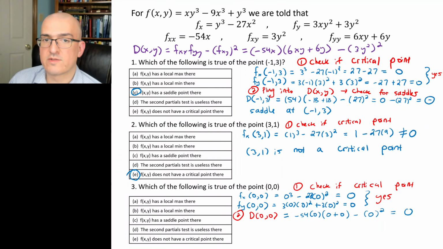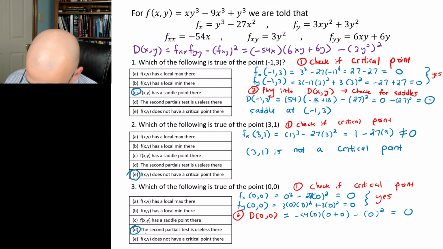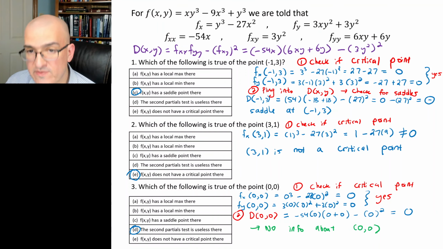And what does that mean? Well, if it gave us something positive, that would mean it could be a max or a min, and then we'd plug that into the f double x. If it gave us something negative, it would mean a saddle. When it gives us 0, it tells us nothing, no information. Second partials test is useless here. No info about 0, 0. We just quit. We just give up. So that's it. That's the end.